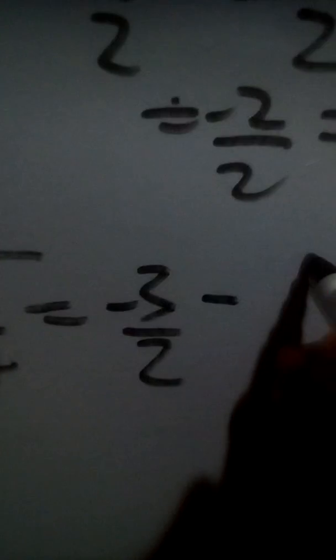So x is equal to minus 1, or we take the negative side now, giving me x equal to minus 3 over 2 minus the square root of 1 over 4, which gives me minus 3 over 2 minus the square root of 1, which is 1, over the square root of 4, which is 2.